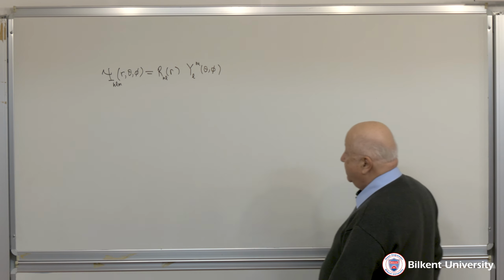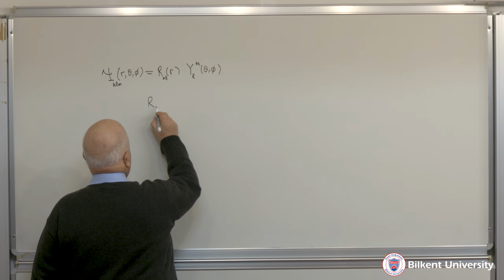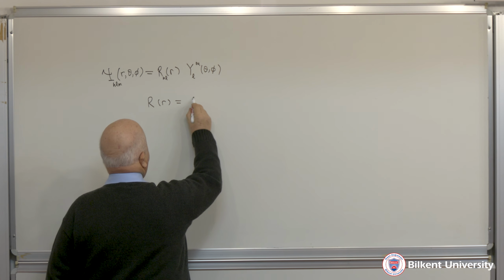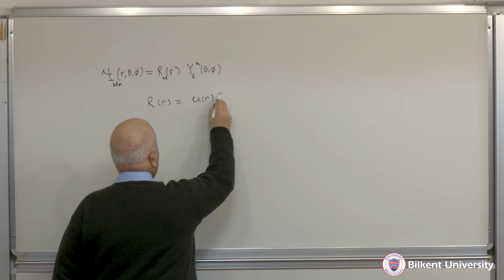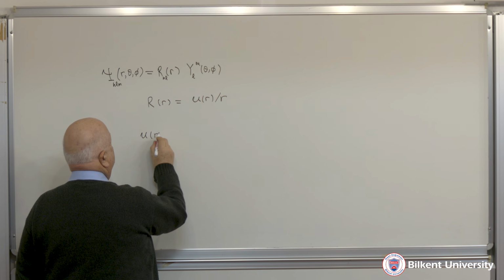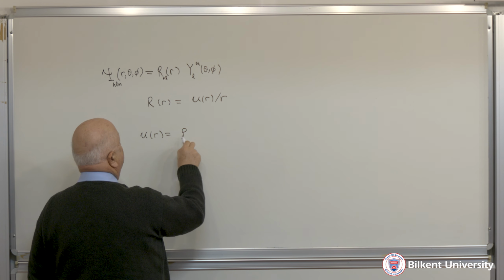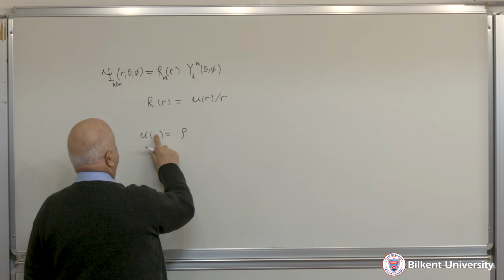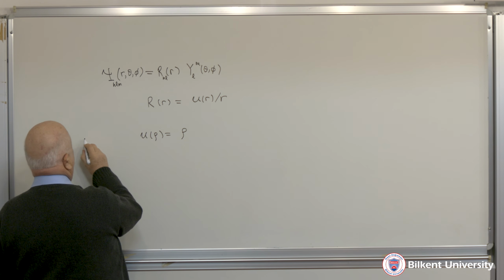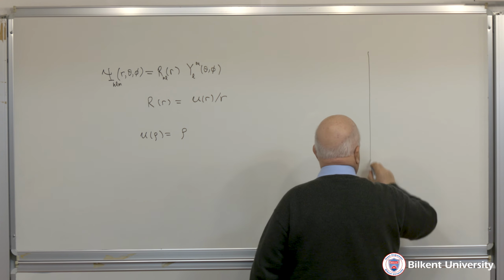So what we had was that instead of R of r, if I use u of r over r, then this u of r can be expressed in terms of my unitless quantities. I have to make a table of these also.